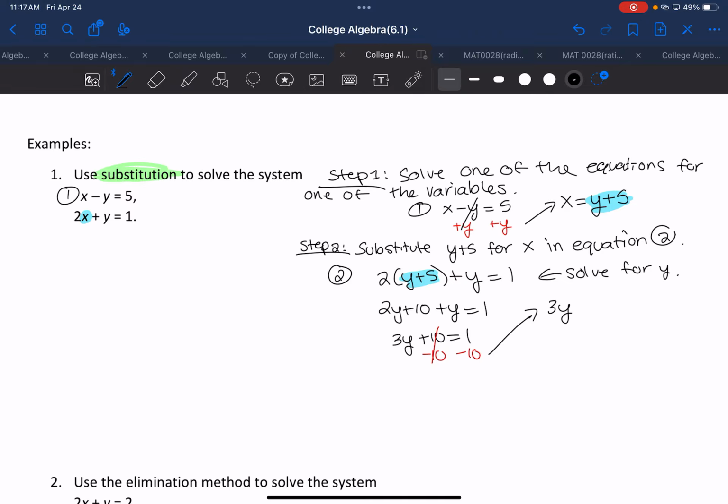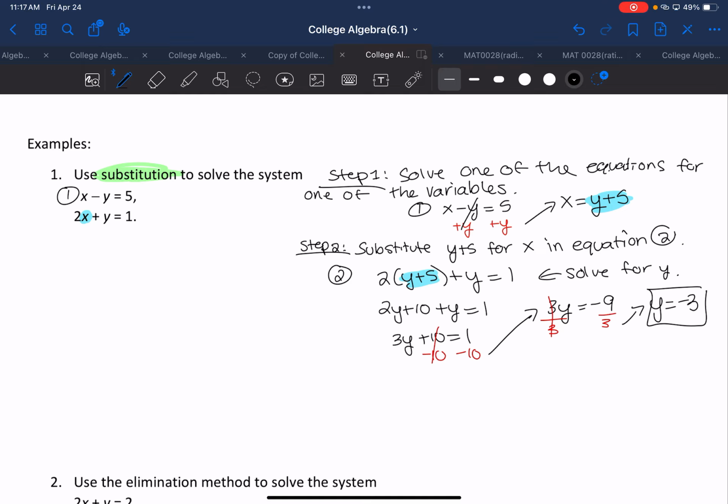So 3y is equal to negative 9. Divide by 3. So y is equal to negative 3. This is the y coordinate of the point where these two lines meet. That's where they are equal.